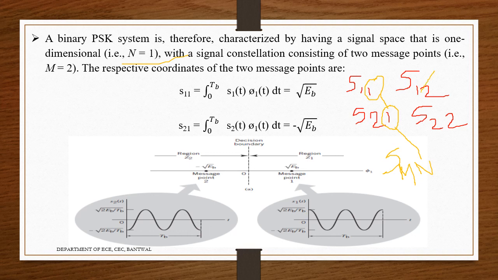It will get cancelled, since I have not considered it in any case. So N is 1 and M is 1 and 2, message point 1 and message point 2.